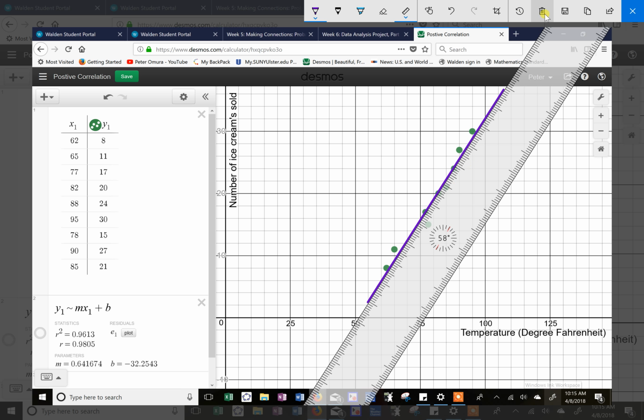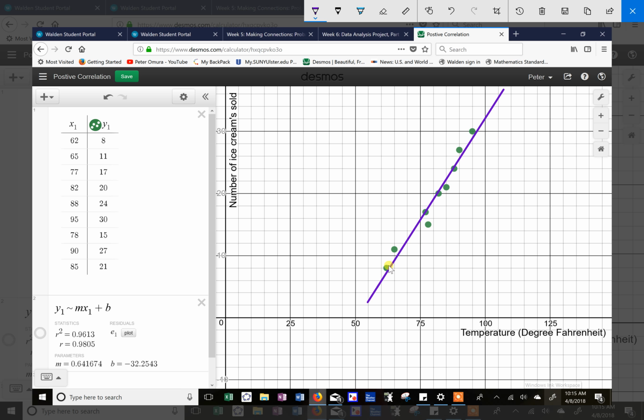Now, I'm going to take a quick look and just see what this looks like. You can see it goes through 1, 2, 3, 4. It goes through 4 points. 3 of my points are above, and 2 of my points are below. Now, that's just me estimating.